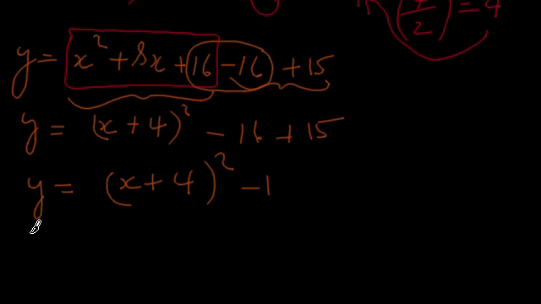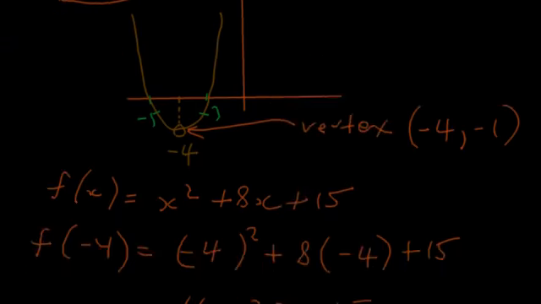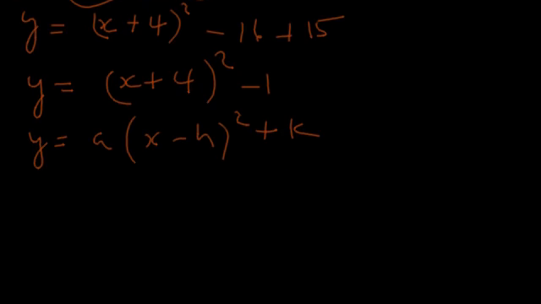And so we were endeavoring to write our quadratic function in vertex form, which is the general vertex form of a parabola, a times x minus h squared plus k. And that's the vertex form of our parabola.